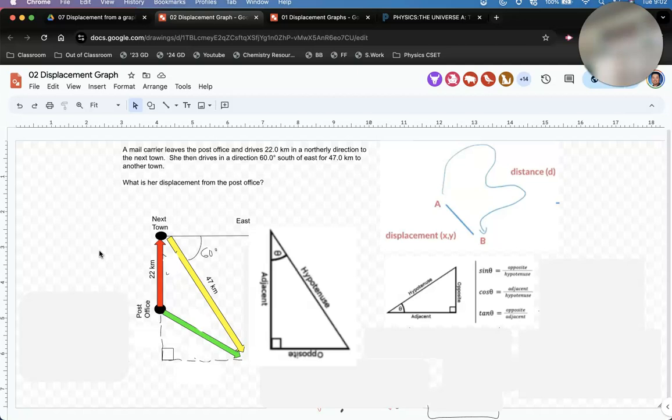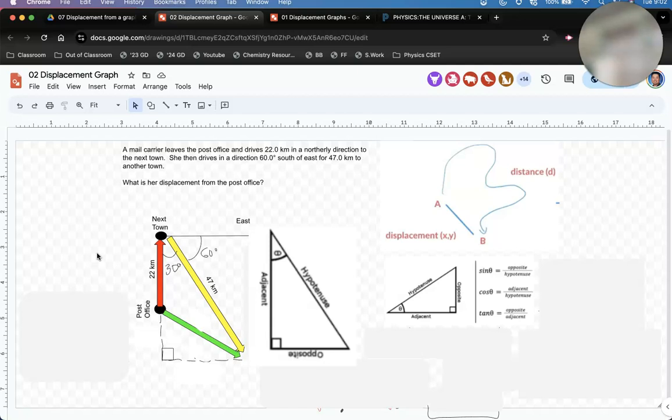How'd you get 30? 90 minus 60. All right? Does anyone need that repeated? How did we find theta? Shauna says 90, which is all of this, minus 60 gives a theta.